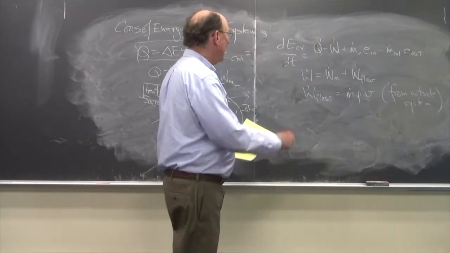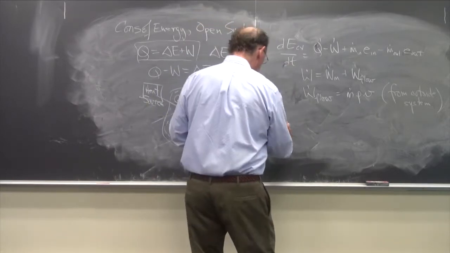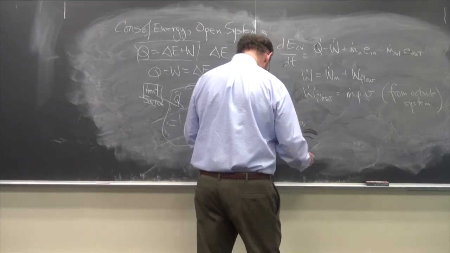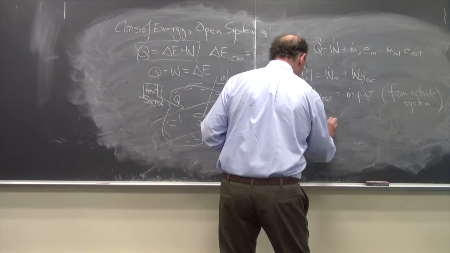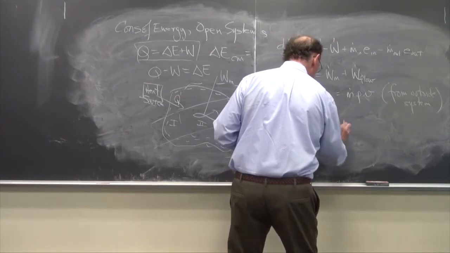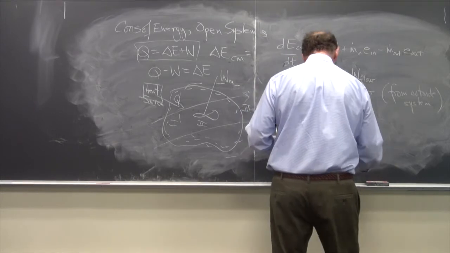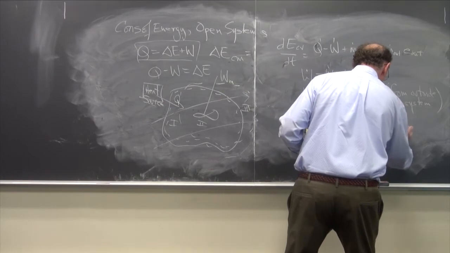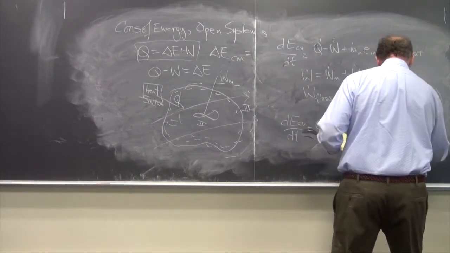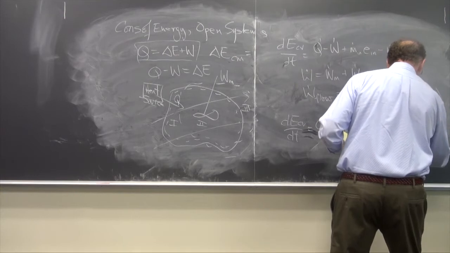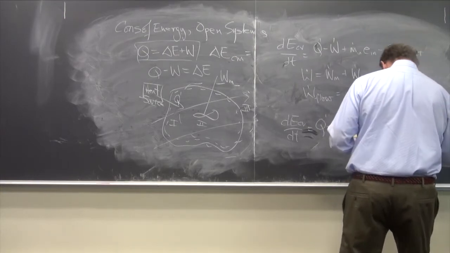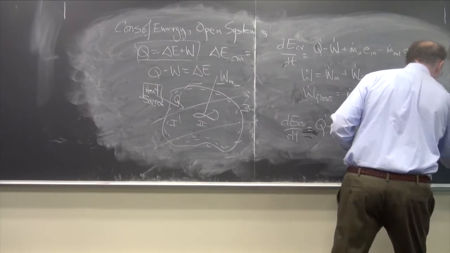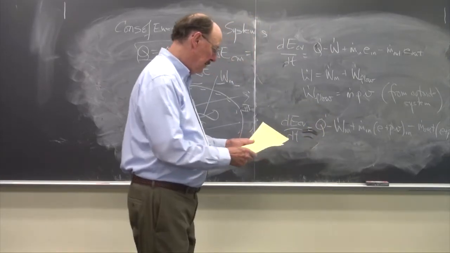And so now I can rewrite this equation: Q dot minus W dot mechanical plus m dot in (E plus PV) in minus m dot out (E plus PV) out.